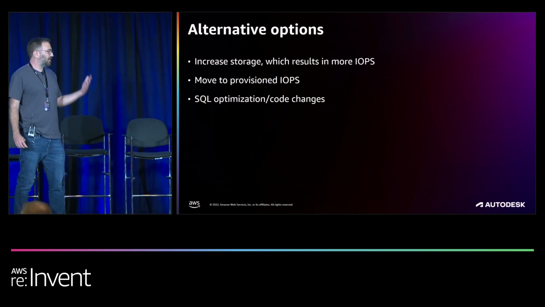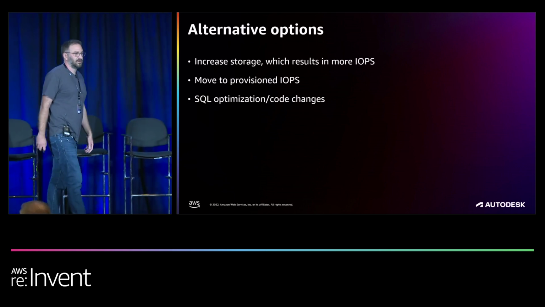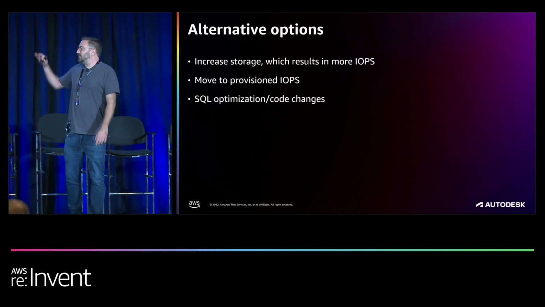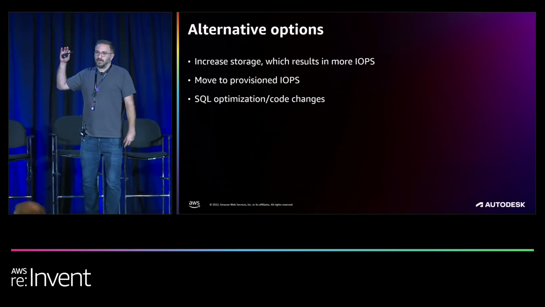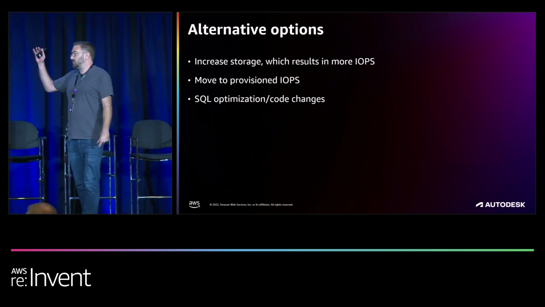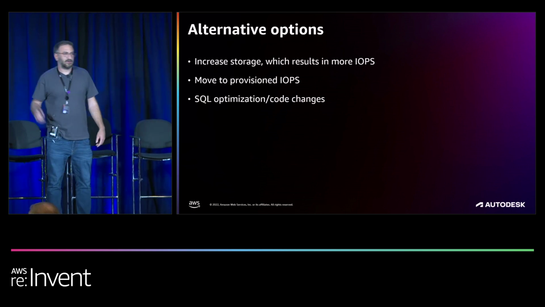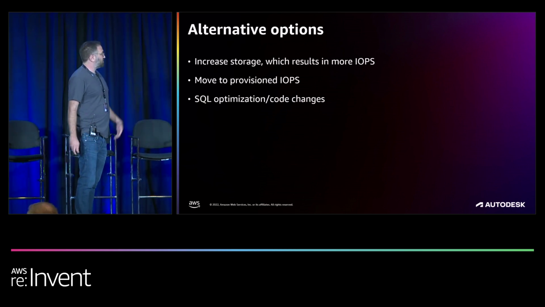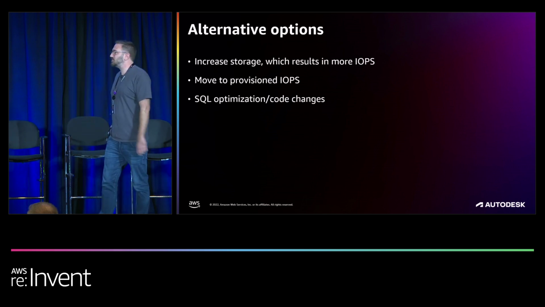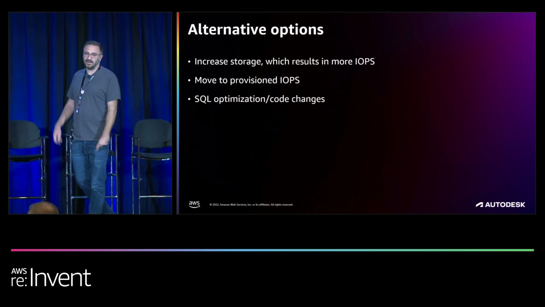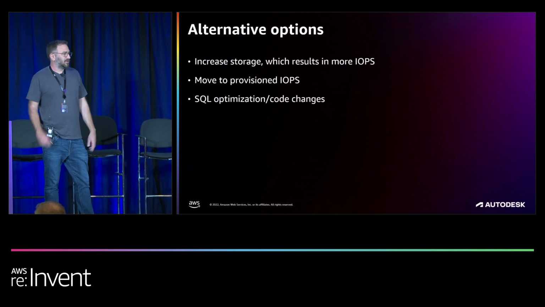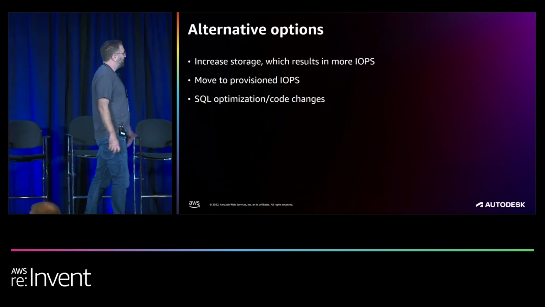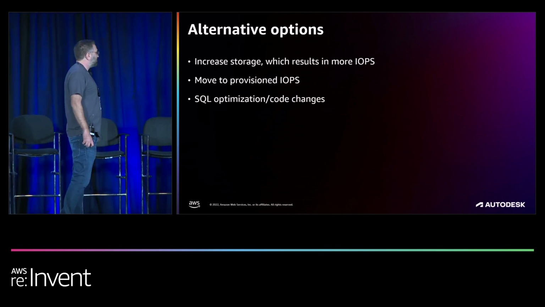And now let's talk about the alternatives that we had during the incident. The first alternative was to increase storage, which eventually will result in more IOPS, but it won't resolve the issue. The second option was moving to provisioned IOPS, meaning a pay-as-you-go model. Once again, this wouldn't have resolved the issue.